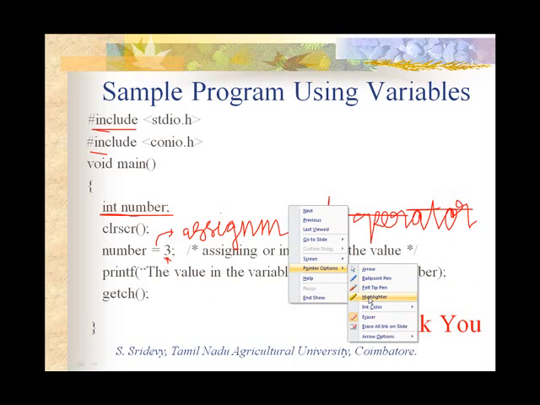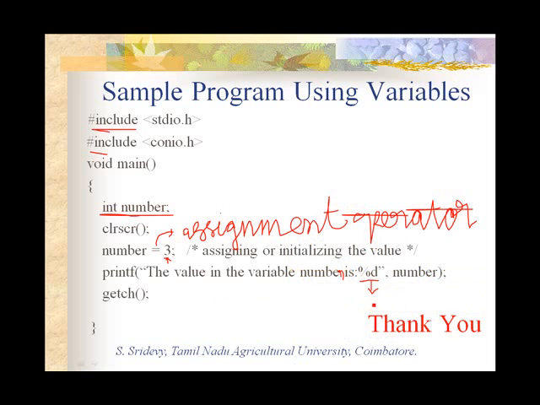So whenever you want to print an integer number, you make use of this control string %d. This is called a control string, control sequence.